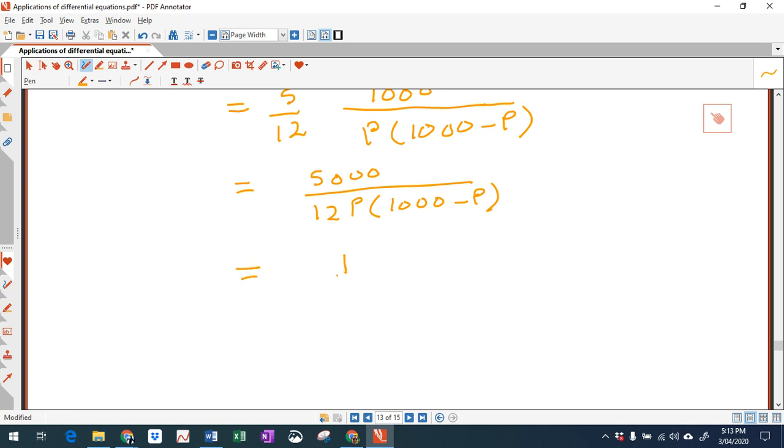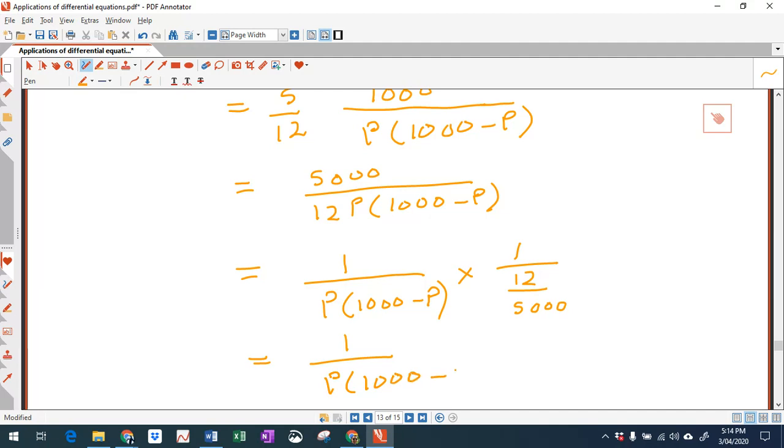This is just 1 over P(1000 − P) multiplied by the reciprocal, 1 over 12 on 5000, because the reciprocal of 12 on 5000 is just 5000 on 12. Now, you can work that out.